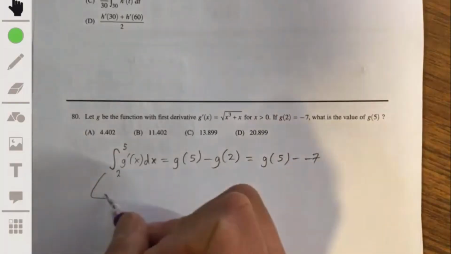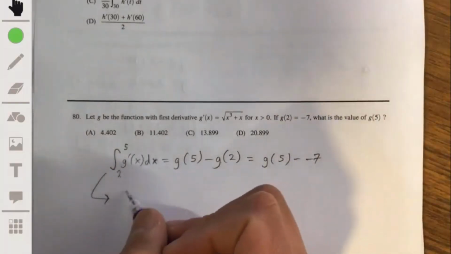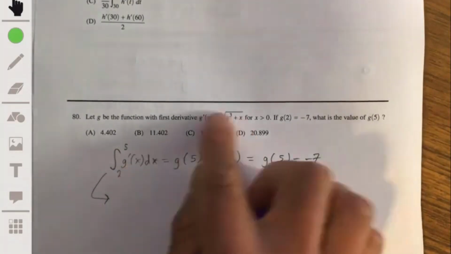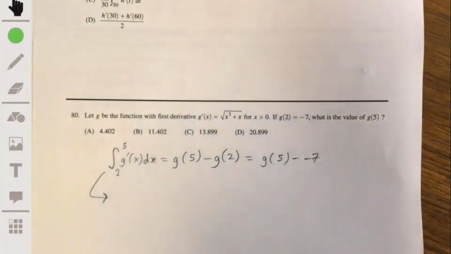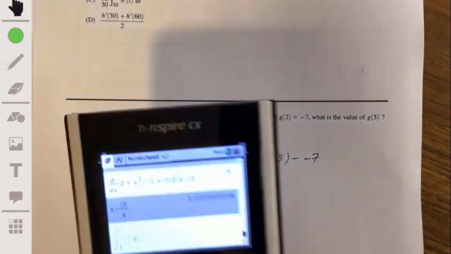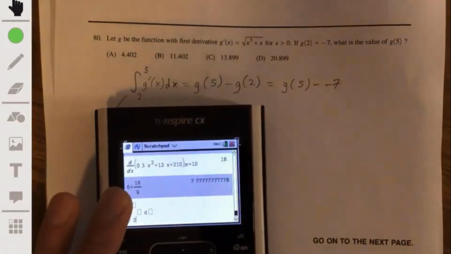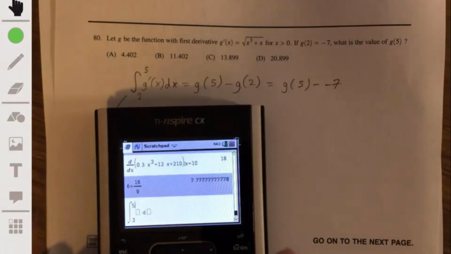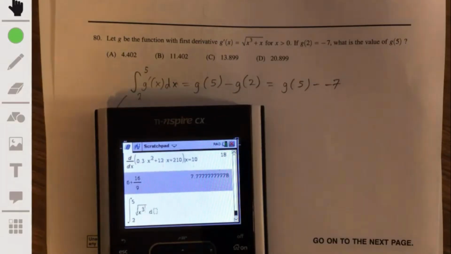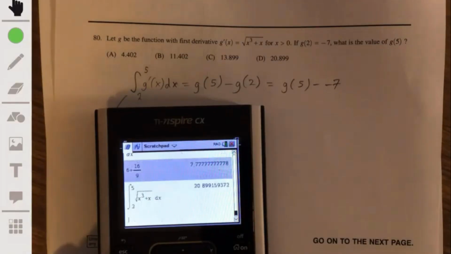So what we want is to evaluate the integral of this function from 2 to 5 using technology.